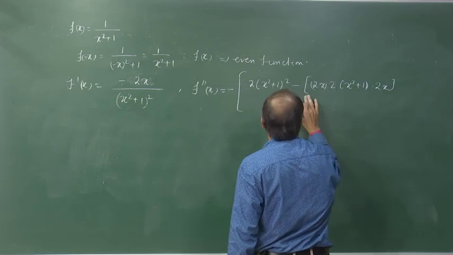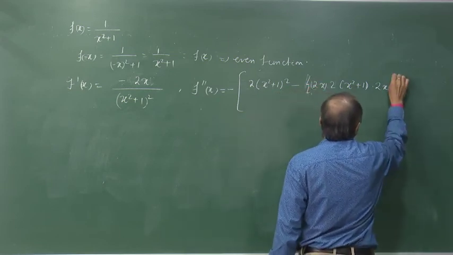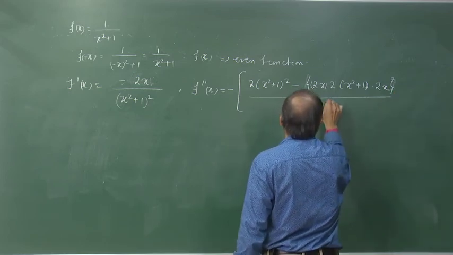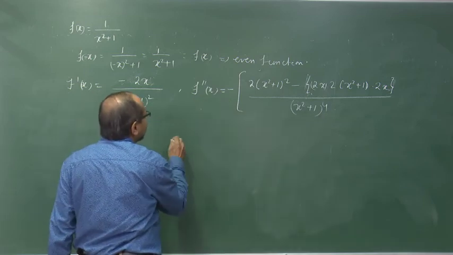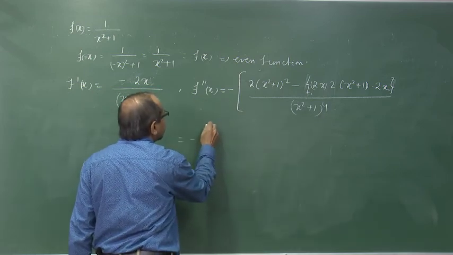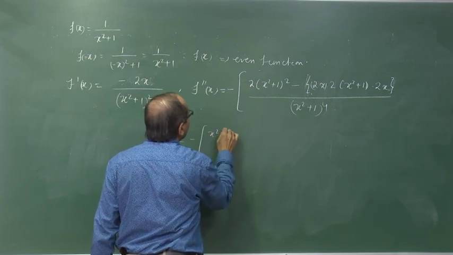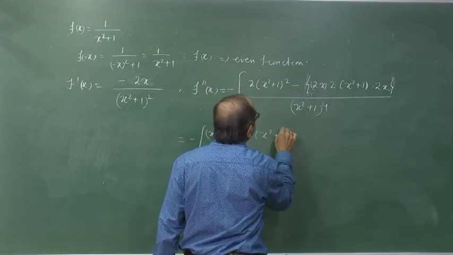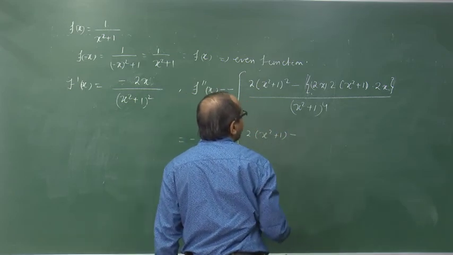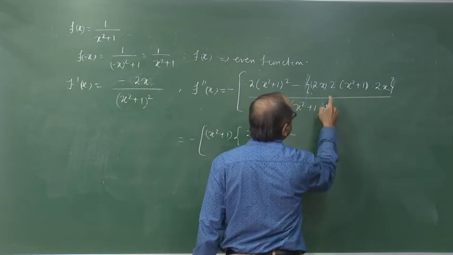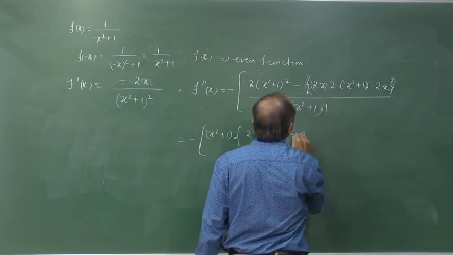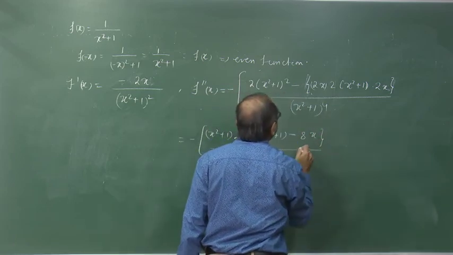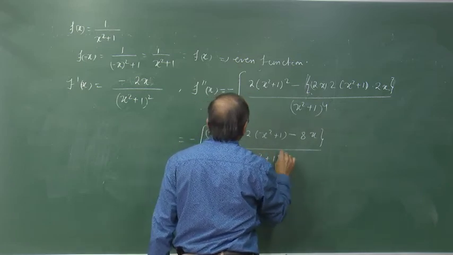Okay. Divided by x square plus 1 whole 4. This is equal to minus, x square plus 1 taking common, 2 into x square plus 1 minus 4x, 8x, divided by x square plus 1 whole 4.